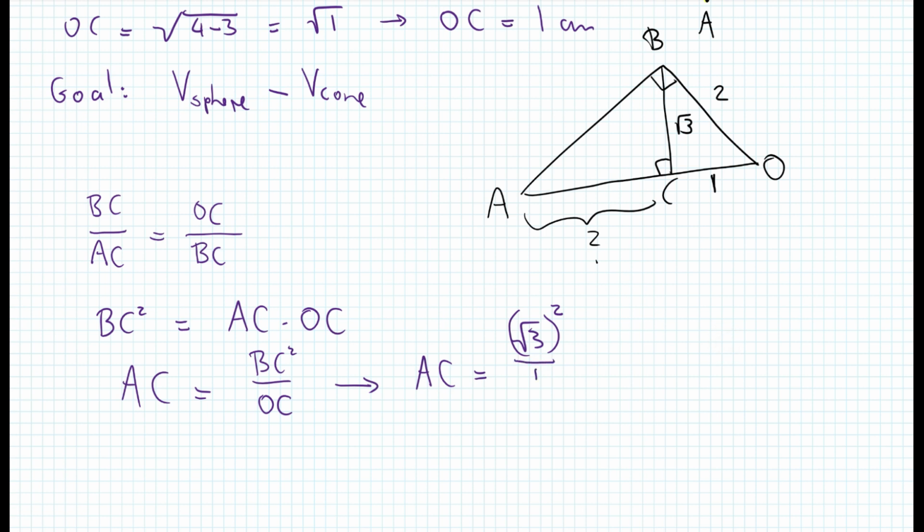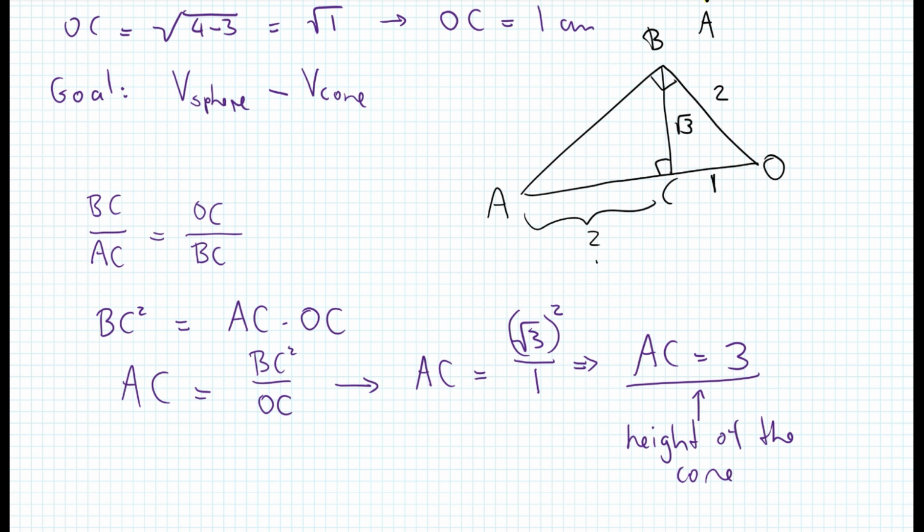And OC is just 1. So we end up with an AC value equal to 3. Keep in mind that this number represents the height of the cone.